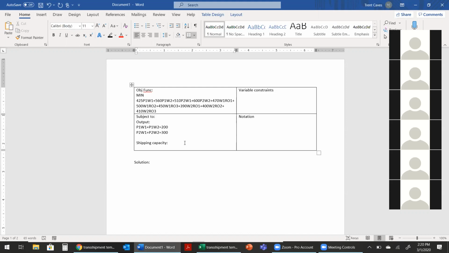So our second set of capacities is the shipping capacity, where plant 1 to warehouse 1 is less than or equal to 125, and plant 1 to warehouse 2 is less than or equal to 150.